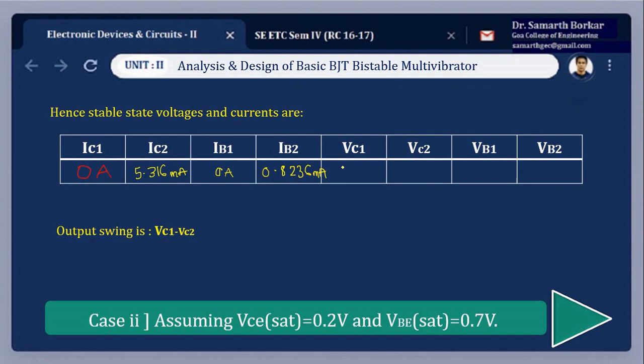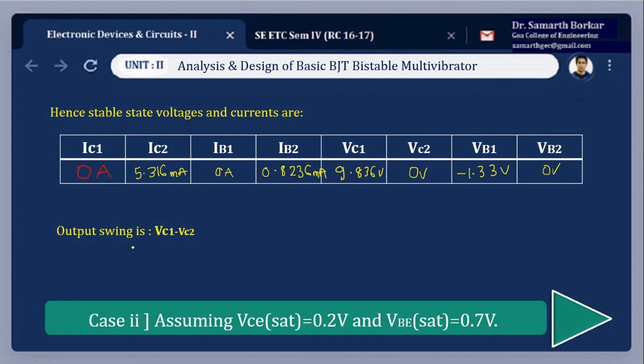VC1, just now calculated, is 9.836 volts. VC2, since the transistor Q2 is on, the output voltage is VC set, and since we are neglecting the junction voltages, it is 0 volt. VB1, which we calculated in the very first step, is 1.33 volts, and VB2, again neglecting the junction voltages, is 0 volt.